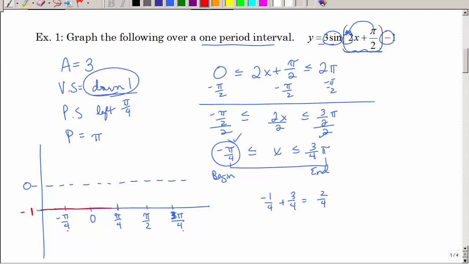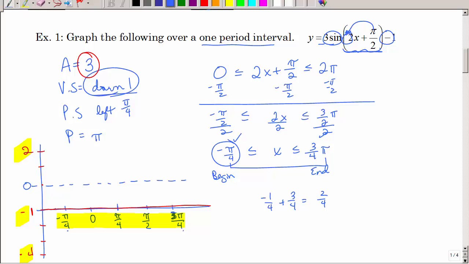That's going to be the center of my graph horizontally. And then my amplitude is 3. So I'm going to go up 3 from -1: 1, 2, 3. And I'm going to go down 1, 2, 3. So this is what I want labeled on your graphs: the top, middle, bottom vertically, and then 5 equally spaced tick marks horizontally.